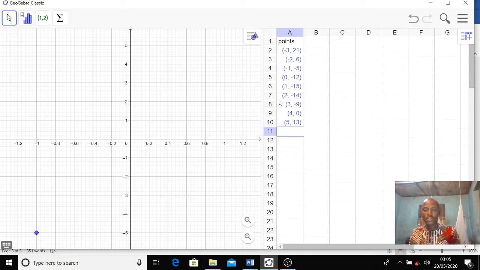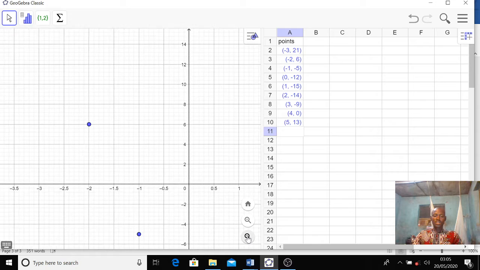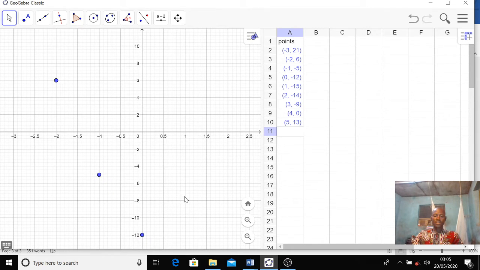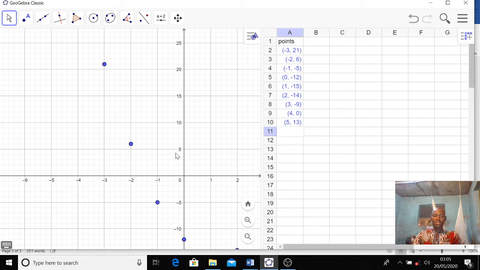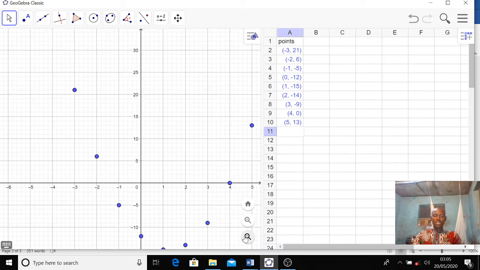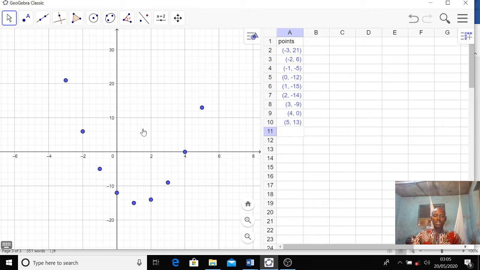So we have already written the points. Let's check what we have plotted so far. So you can now see what we have done so far here. Reduce the zoom, zoom it down. You can see.